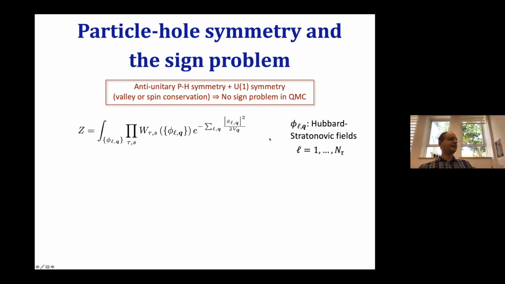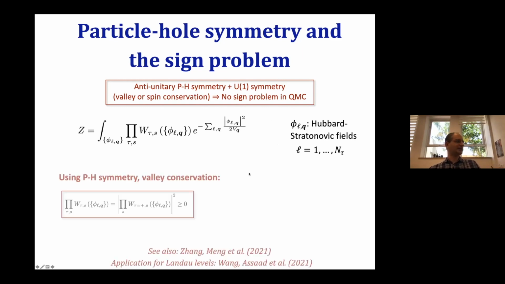Technically you do a Hubbard-Stratonovich transformation, you have Hubbard-Stratonovich fields, and for every space-time configuration of these fields, in our case these fields are in momentum space, you can show that this effective Boltzmann weight is real and non-negative. I won't show the details.